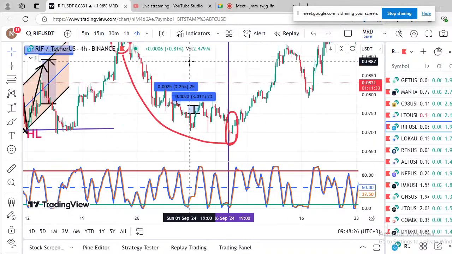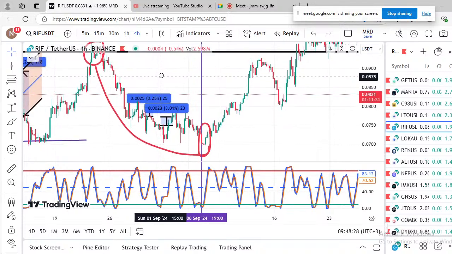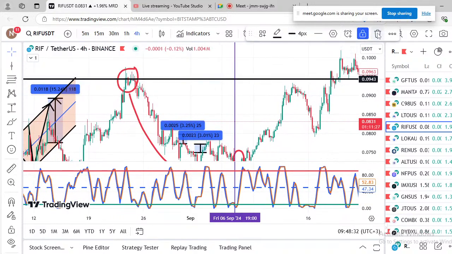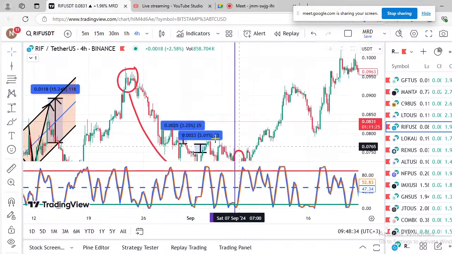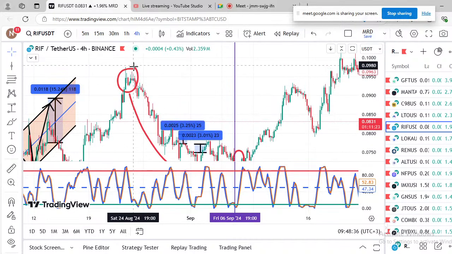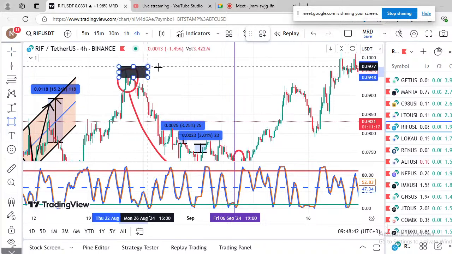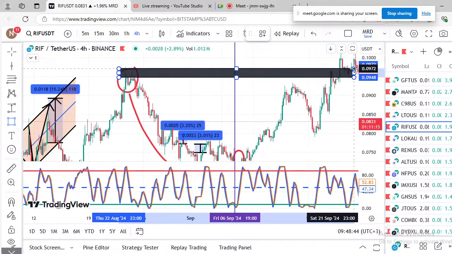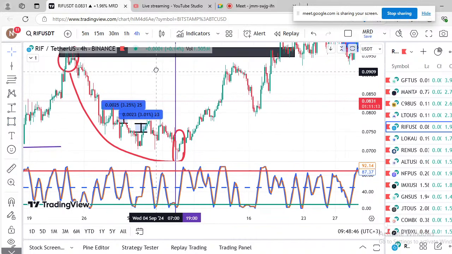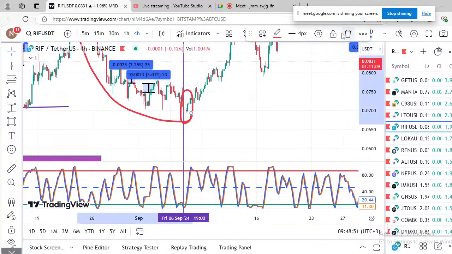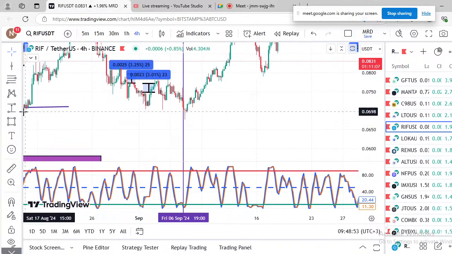Now therefore, at this point at the top here, it was what we call the supply level. So you could draw a line like this, meaning after forming this one, which was our pin bar, you could draw a line as well.